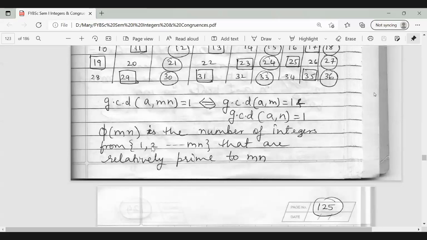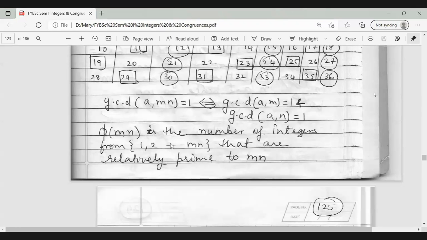So when will the GCD of A with mn be 1? Suppose 9 into 4 is 36. Take any number from 1 to 36. Which number will you take? Ma'am, 25. So A is 25.